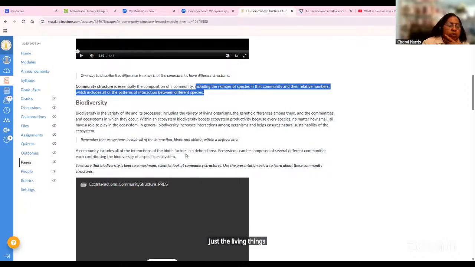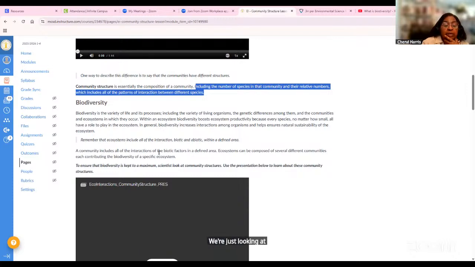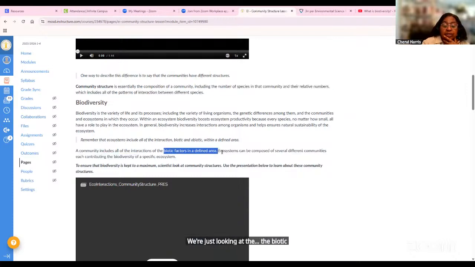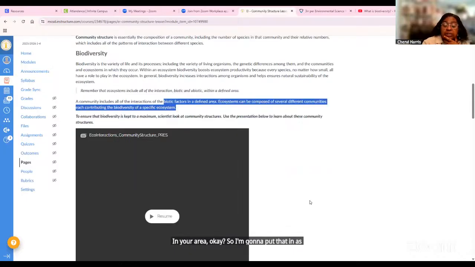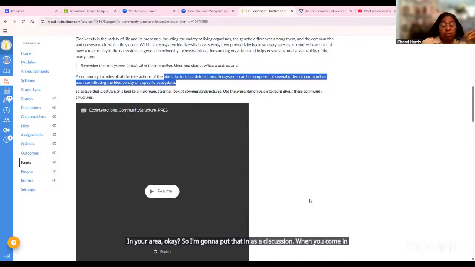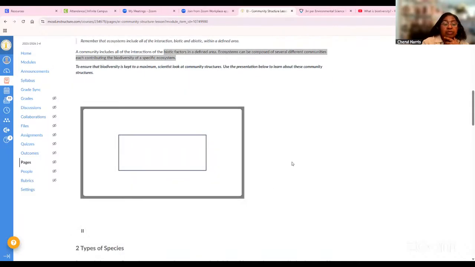We're not looking at the water, the sidewalk, the street, the sun, and all that. We're just looking at the biotic factors in your area. Okay, so I'm gonna put that in as a discussion. When you come in, that's gonna be the warm-up question. Discuss the biodiversity in your area.